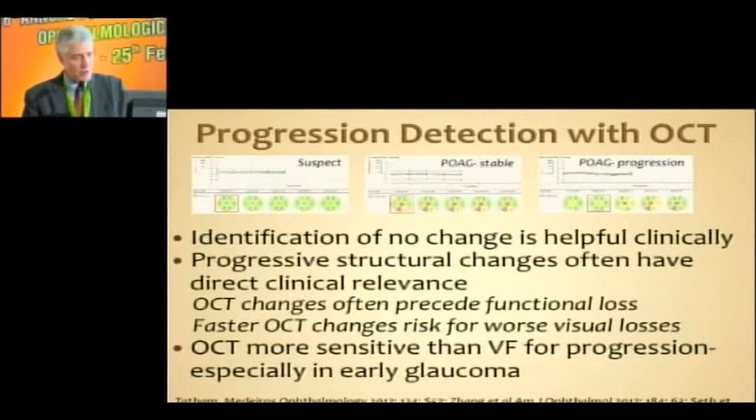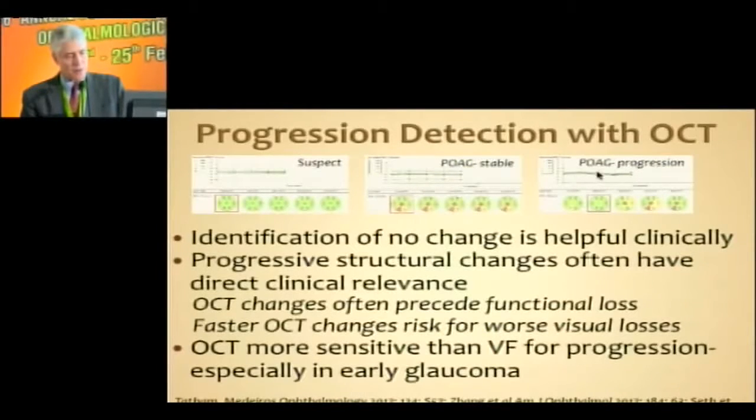Here's a glaucoma patient that does have nerve fiber layer defects and does have actual glaucoma, but their nerve fiber layer is staying fairly stable. There's no decrease over time. And on the other hand, if you have a patient like this, it's quite useful in picking this up. It's very sensitive for picking up small changes. Here you're seeing a patient that's developing a nerve fiber layer defect inferiorly here.